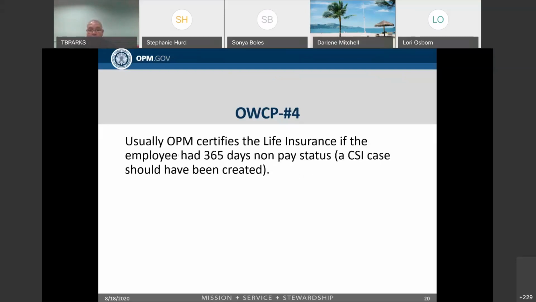But usually OPM does certify the life insurance if the employee had 365 days of non-pay status, because a CSI case should have been created, or an insurance case that basically has all the life insurance documents in there showing what the life insurance value was at that 365 days of non-pay status, and whatever types of coverage the person was eligible to have and what they elected to continue at that point.